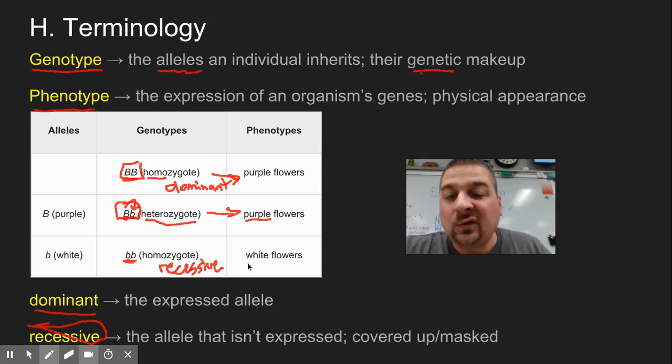And the only way you can get a recessive trait is if you are homozygous recessive, or you have two recessive alleles. Okay, so just some terminology, and we'll practice these. We'll work through practice problems with these. But this kind of gives you an idea of how Mendel stumbled upon more than one cross at once, and some of the terminology that we now use to describe his crosses.